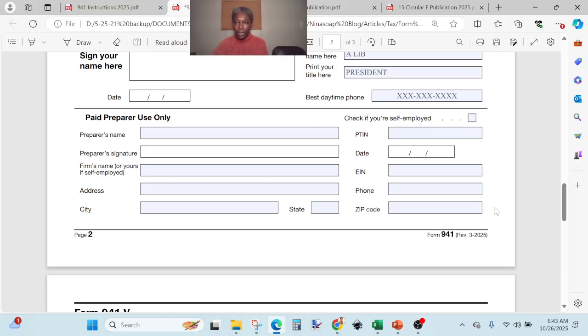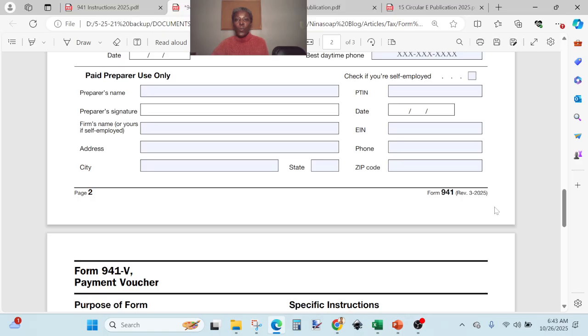So, but that is that. And that is how you complete Form 941 if you didn't pay wages in quarter 3. And we are filing this form for quarter 3. But that's the same way you'll file it for every single quarter of the year. And you just make sure you check the right quarter it is for.